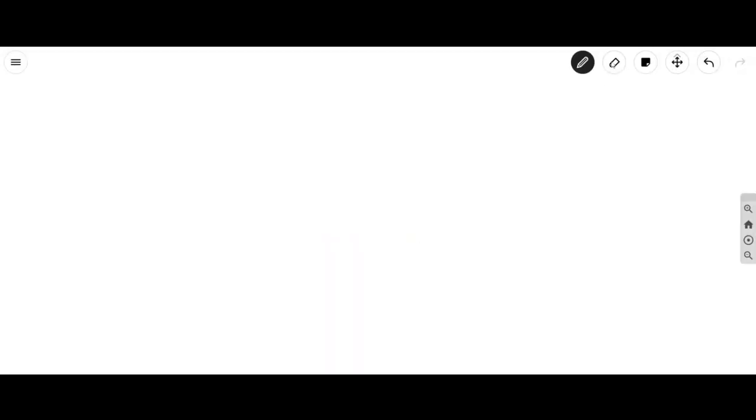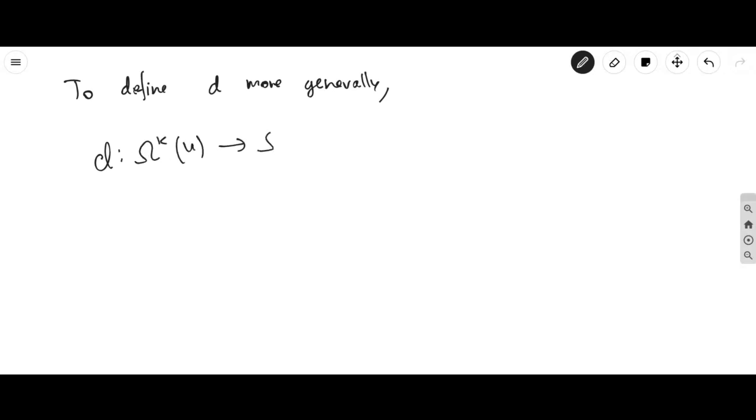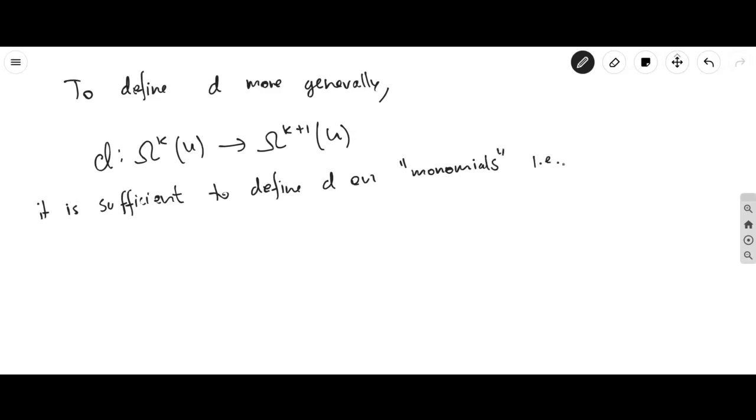How do you define it more generally? To define d more generally, going from k forms to k plus 1 forms, it is sufficient to define d on monomials. Usually a differential form is denoted by a lowercase sigma.